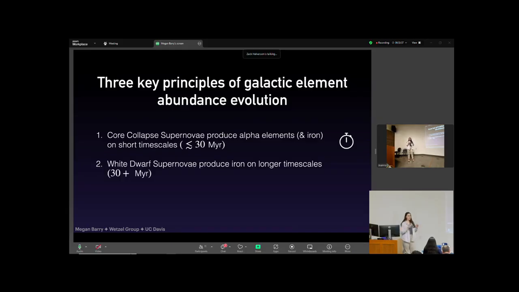So you can hopefully already start to see how we can use these two supernova types with their different timescales and different characteristic element products to kind of trace the history of the Milky Way or other galaxies, where core collapse supernovae are kind of like a short-term timekeeping device like a clock, and white dwarf supernovae are kind of a longer timekeeping device like a calendar.